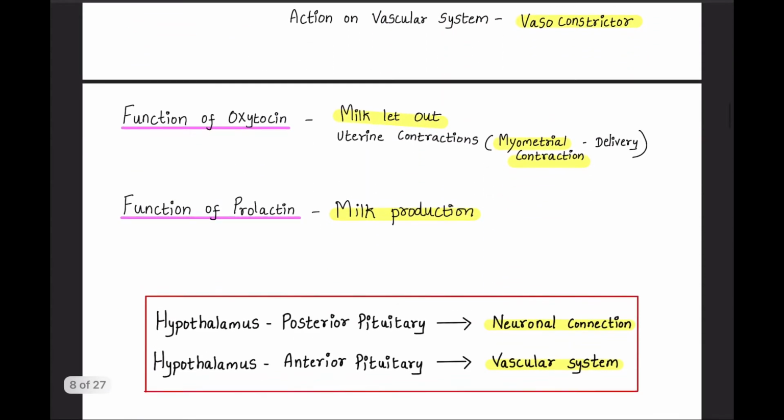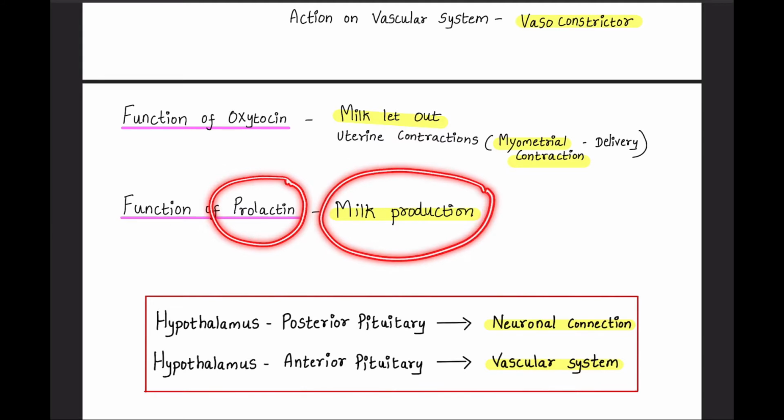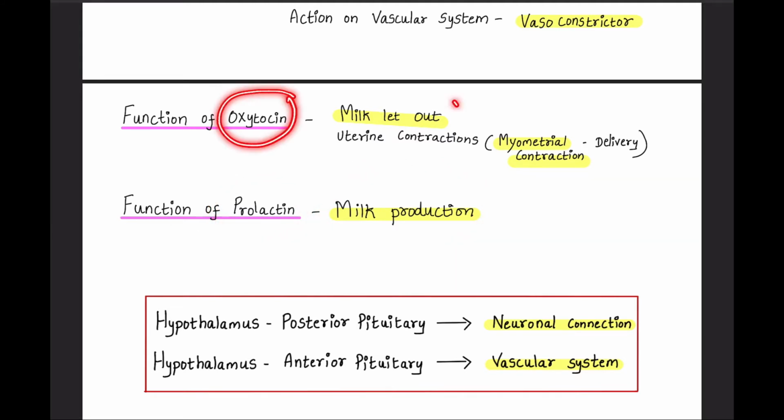So now the function of oxytocin. Please do not confuse the function of oxytocin with the function of prolactin hormone. So what is the difference between these two hormone functions is, prolactin synthesizes or produces the milk. Oxytocin lets out the milk from the breast nipple. So the function of oxytocin is only milk let out, not production.